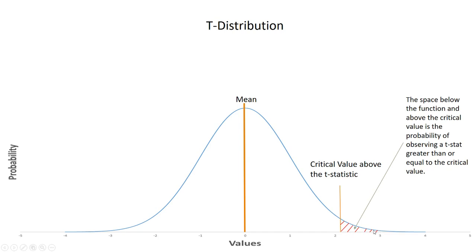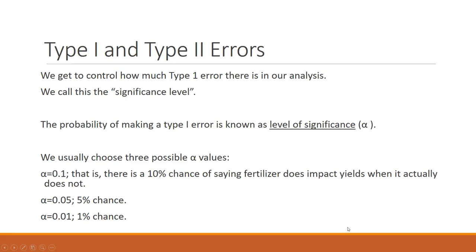It's the probability of committing a type 1 error, that is, the probability of finding a t-statistic above the critical value if the null hypothesis is true. And we get to decide how much type 1 error we're willing to live with. We can say alpha equals 0.1. That means there's a 10% chance of committing type 1 error, a 10% chance of saying that fertilizer does impact yields when actually it does not.